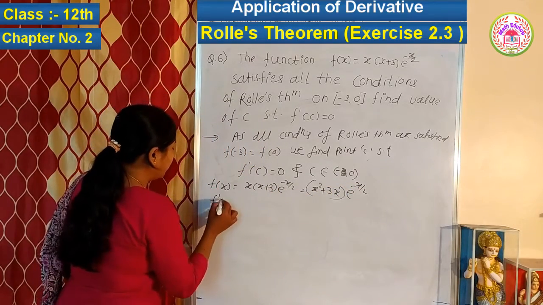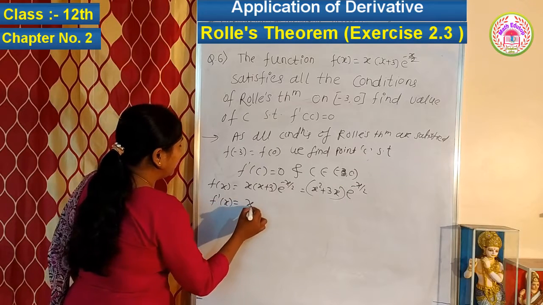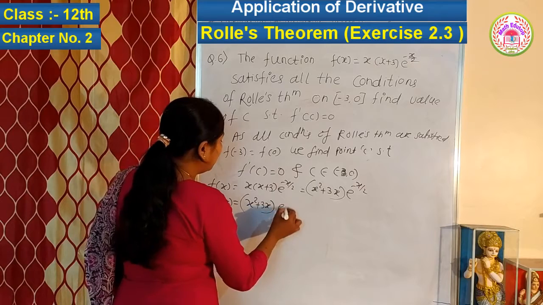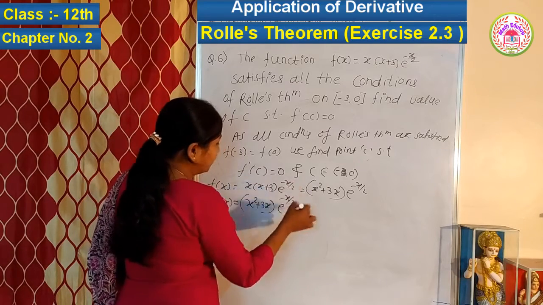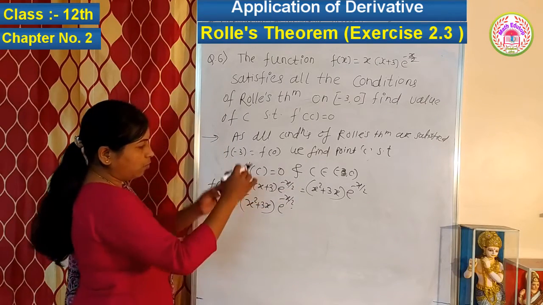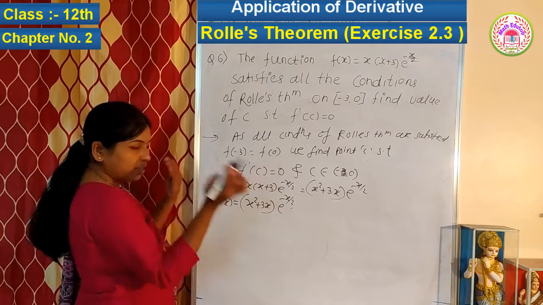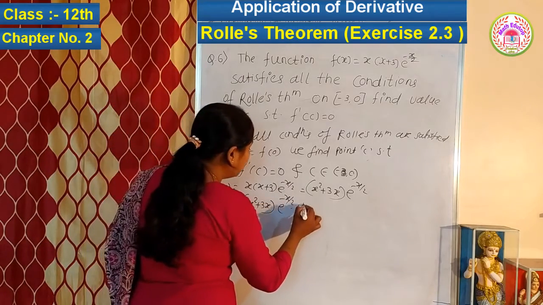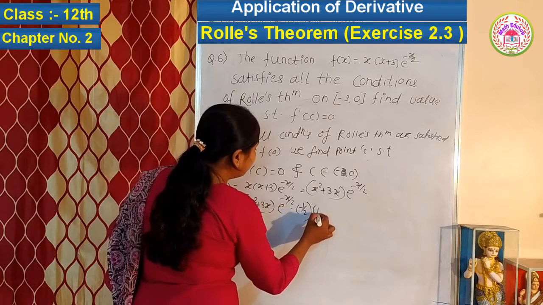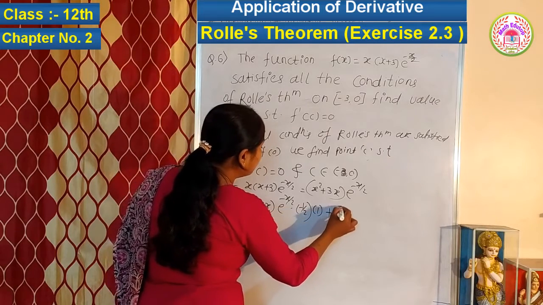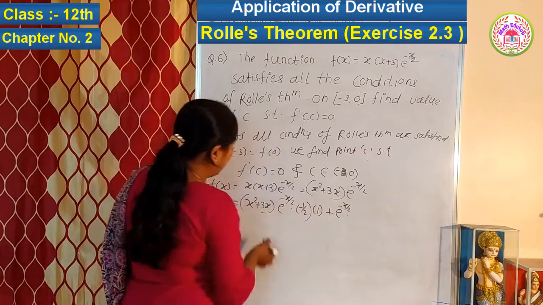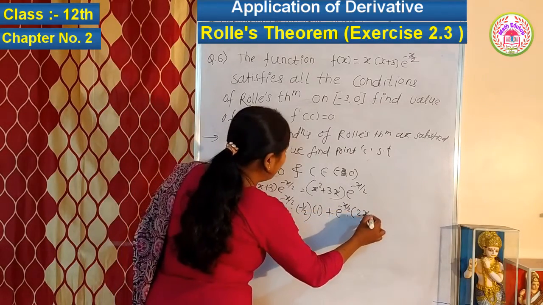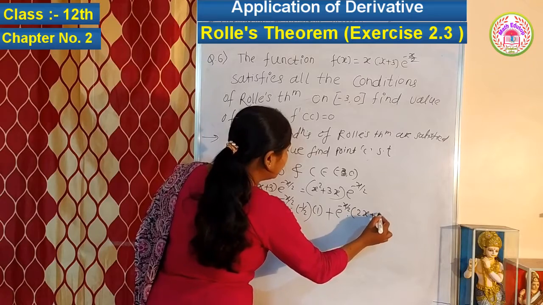Then what do we get? f dash of x is the first function x square plus 3x into the derivative of the second, the exponential, into the derivative of minus x by 2, taking 1/2 outside, minus 1/2, and the derivative of x will be 1. So minus 1/2 into the derivative of x which is 1, plus e raised to minus x by 2 constant, and the derivative of the first function will be 2x plus 3, okay?